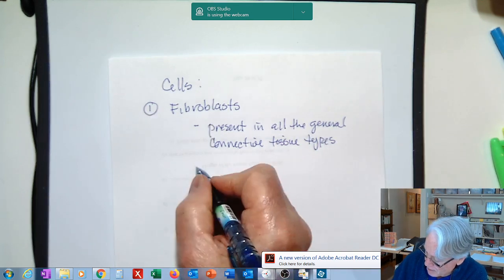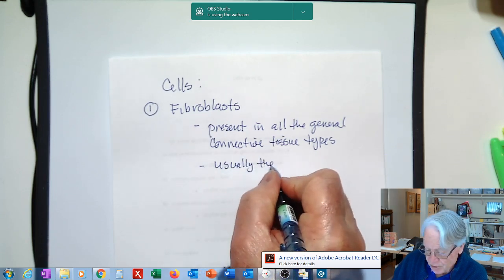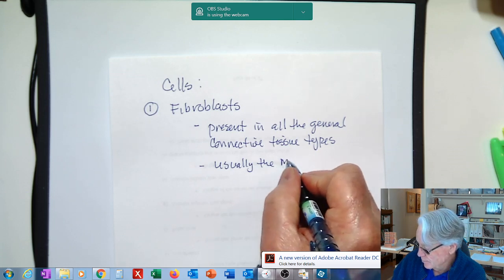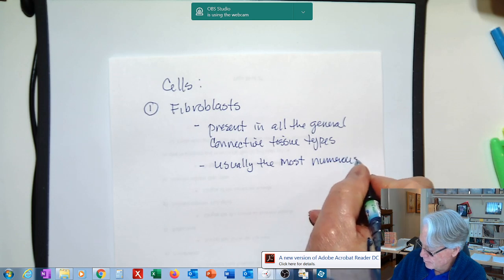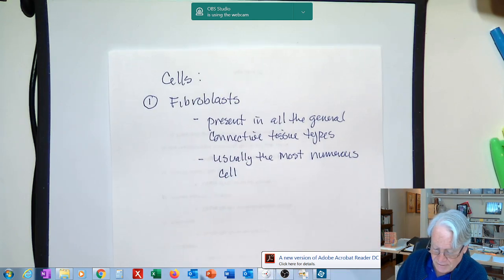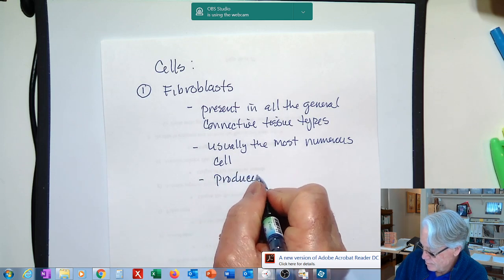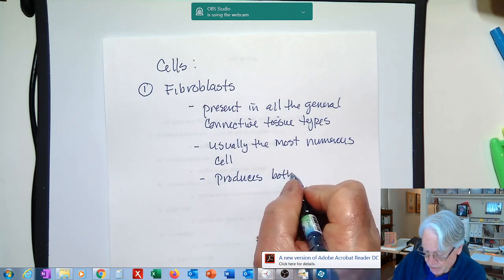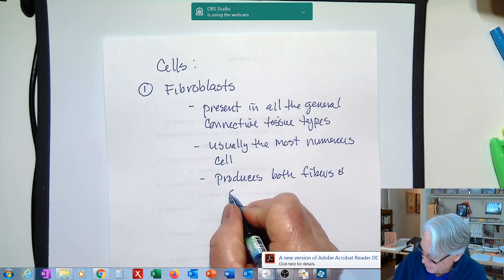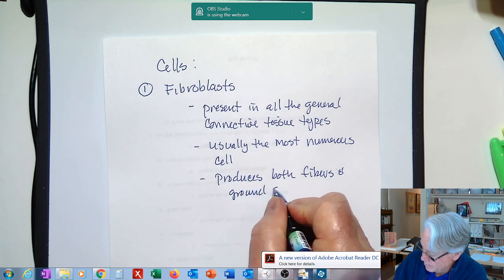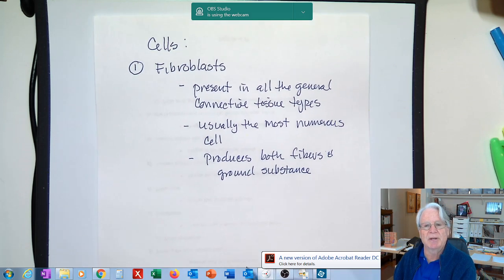It's usually the most numerous cell. And it produces both the fibers and the ground substance. So those are the fibroblasts.